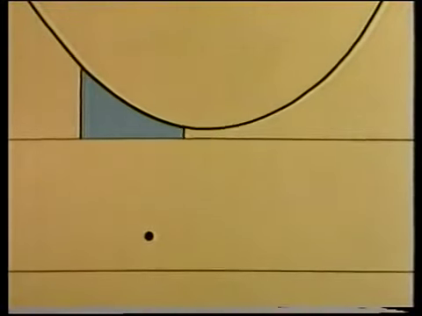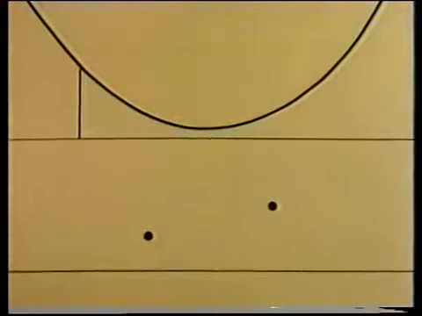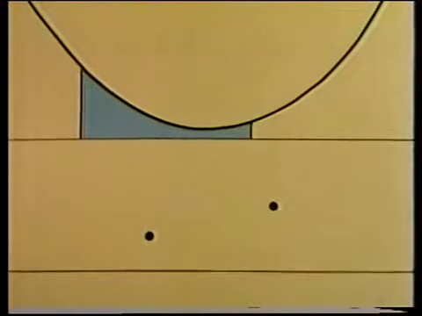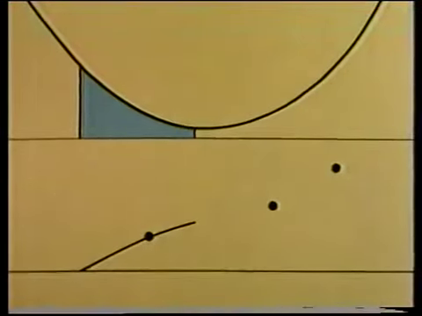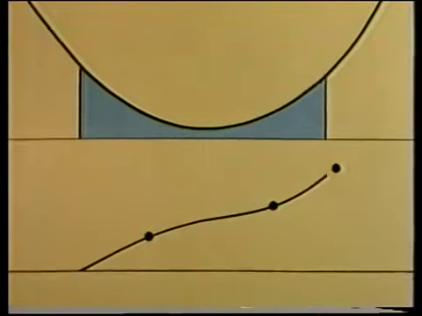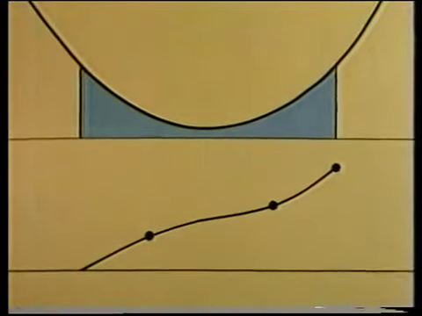The area from our starting point up to here has this value. The total area up to here has this value, and so on. The area from our starting point up to anywhere in the curve can be plotted below. And that's how we arrive at this area so far function.